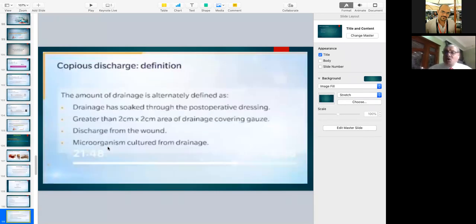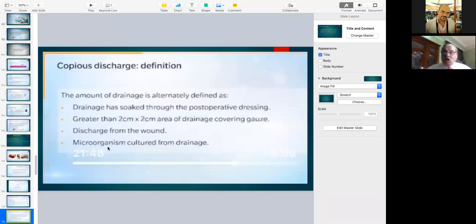What is copious discharge? The first one was for the duration, the second one is for the amount definition. So when we say copious, you must know what I mean. Copious, the amount of the drainage is alternatively defined.